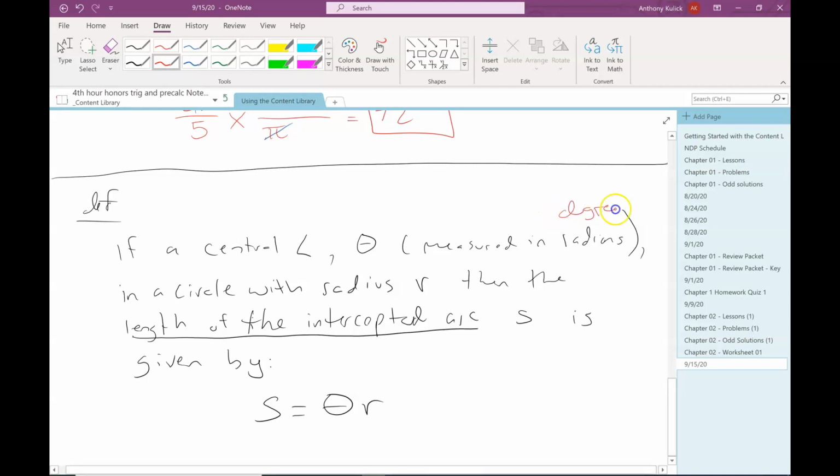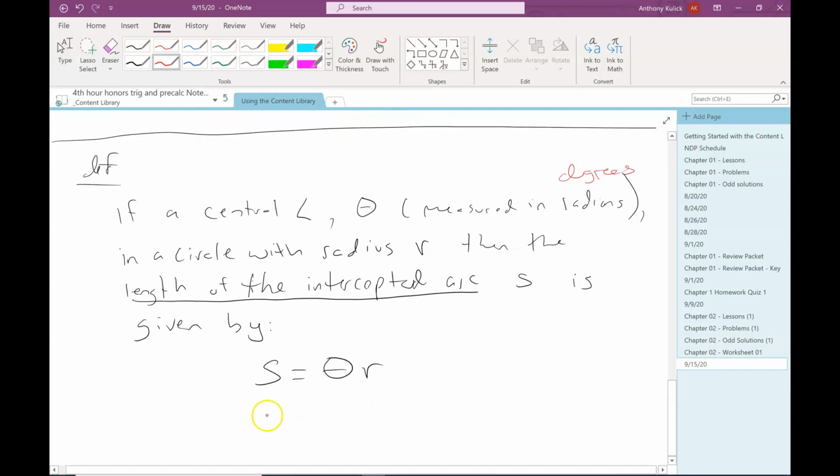If instead we had degrees, I'm going to have pi r theta over 180 degrees.